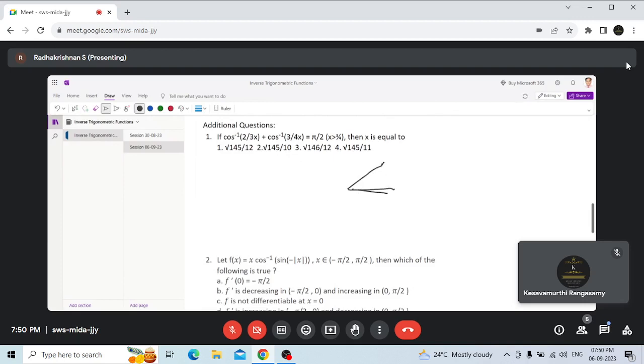Draw a triangle. 3 by 4x. Then what will this be? Root of 16x square minus 9. So cos inverse of 3 by 4x is equal to sine inverse of, no, what did I do?